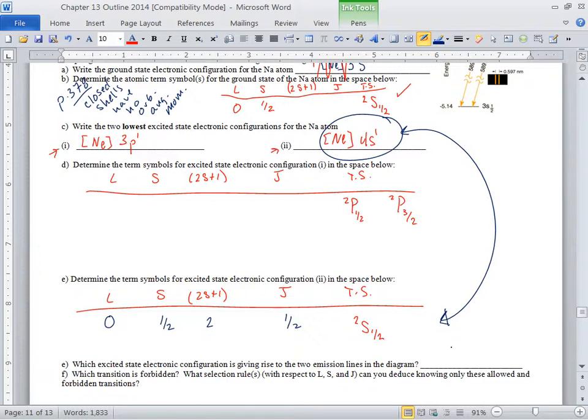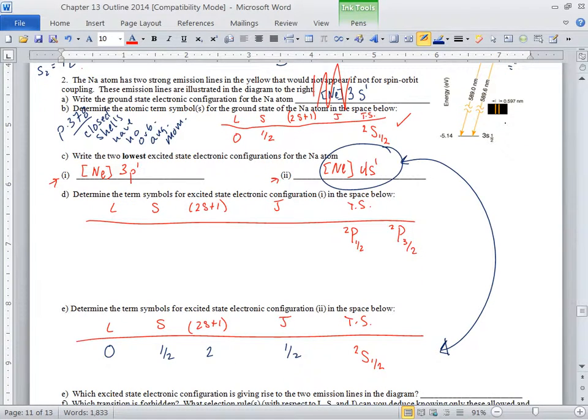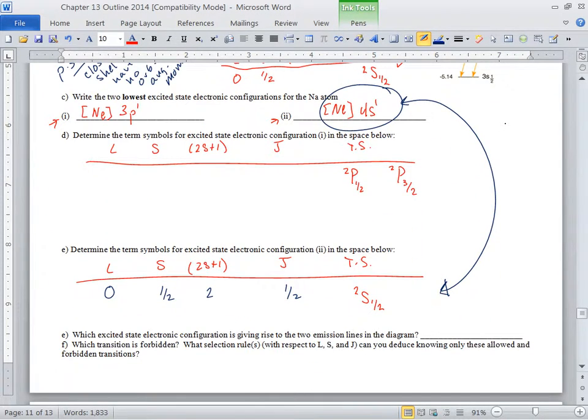You have a 50-50 shot at this. You only have two choices. Is it the 3P1? It's the one at the 3P1. Yeah. And you can kind of tell because the 4S one only gives rise to one state. So that can't give rise to multiple lines. That's just one line. So the answer is neon 3P1.